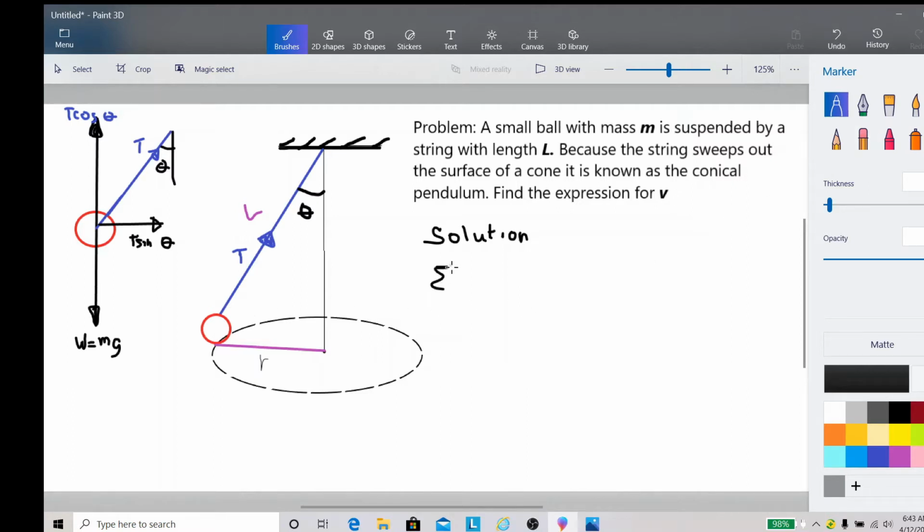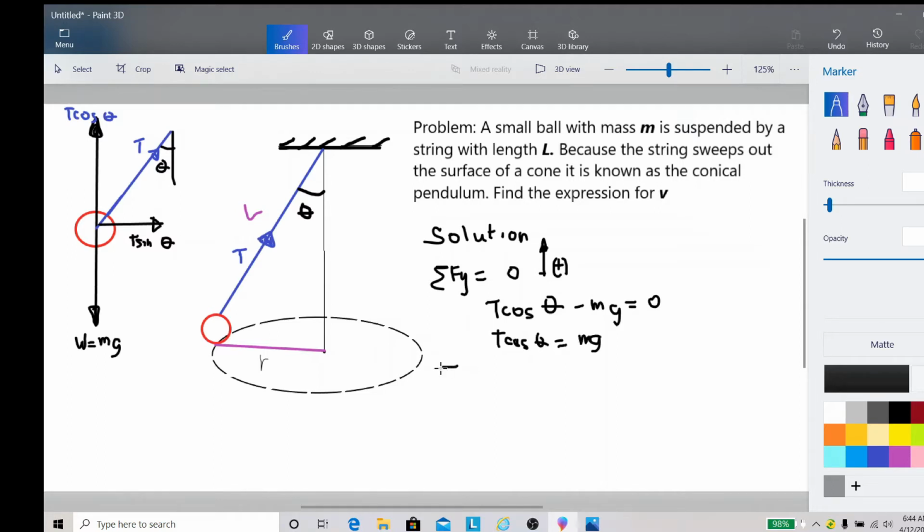We will apply Newton's law of motion and say summation of forces. Summation of forces at y is equal to 0, because that is in equilibrium. Taking upward forces as positive, what are the upward forces? This will have T cosine theta minus W, which is mg, and that is equal to 0. If we rewrite this equation, we will have T cosine theta is equal to mg.